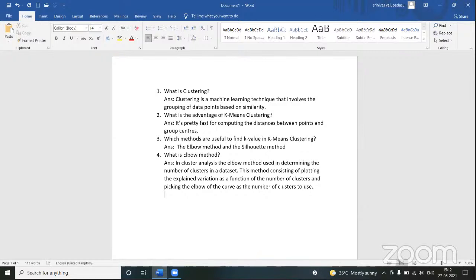So based on this, we can define the K value in this method.